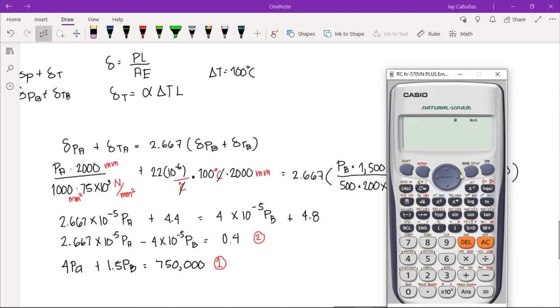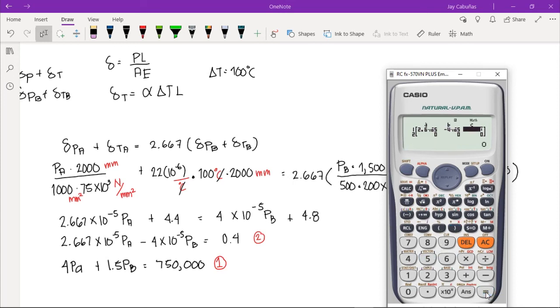So you just need to click mode, the number 5, the number 1, then encode the coefficients. Okay, 2.67 times 10 raised to negative 5, then equals, that is negative 4 times 10 raised to negative 5.